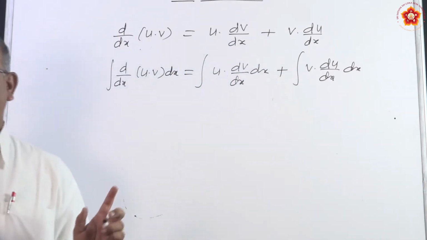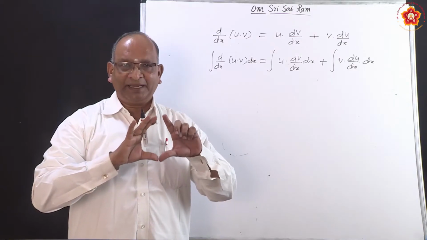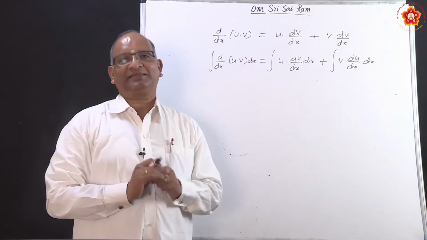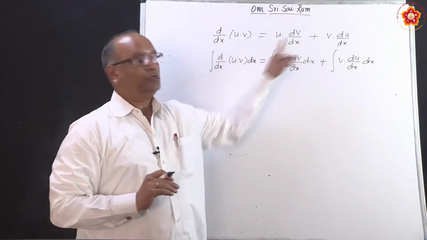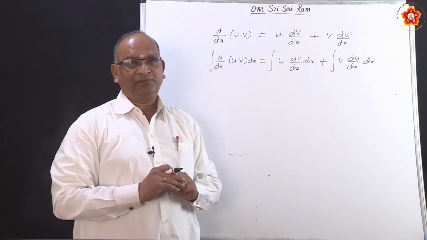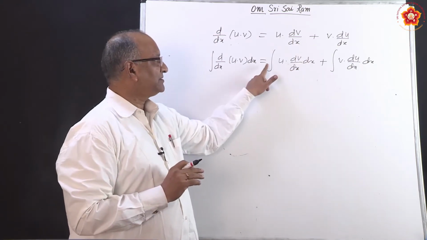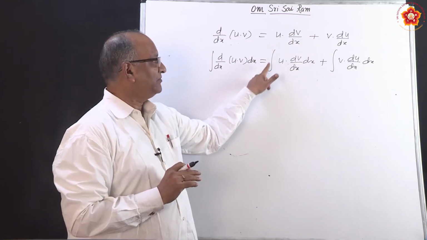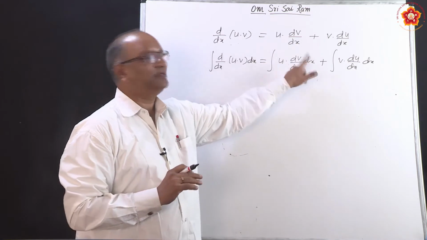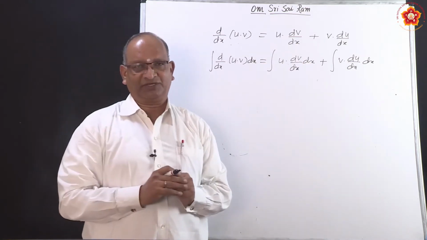We didn't do anything new. We have put the integration sign on either side, and because it is a sum of two terms, we have put it separately. How has this dx come? Because whenever we are integrating, the symbol is integration with dx of whatever the function is.